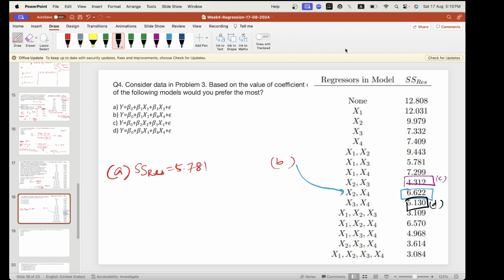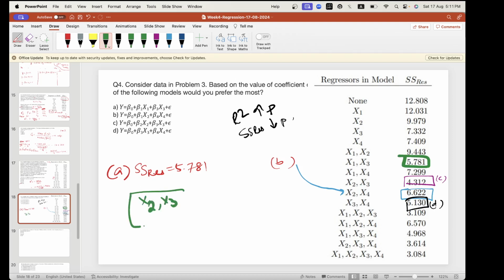Alright. Now, we want R square. Okay, R square increases with P and SS residual decreases with P. Here P is the same. So we want that model with the lowest SS residual. So the comparison is between this one, this one, this one, and this one. So x2, x3 we can see is having the lowest SS residual.